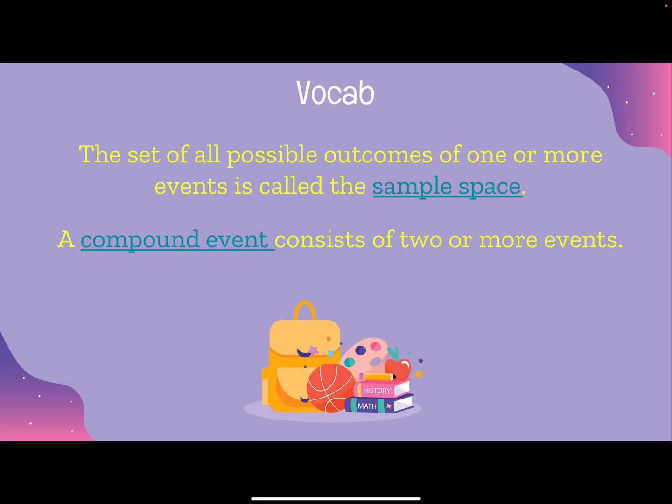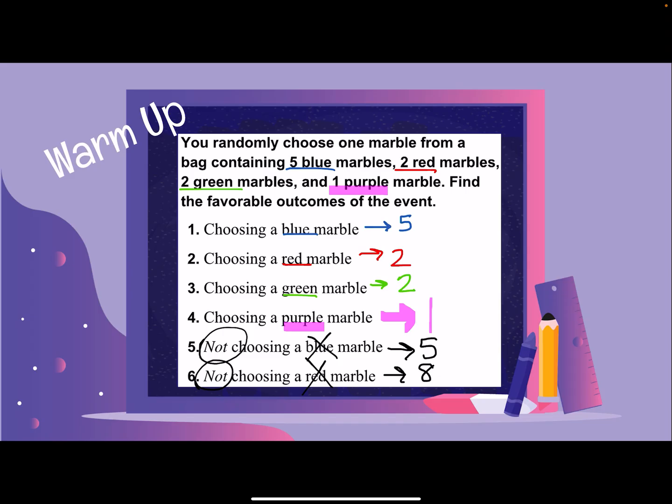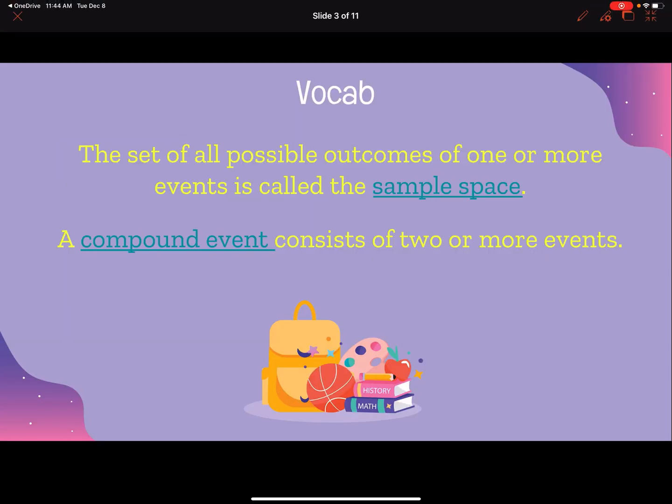Okay, we've got some vocab here that we're going to work with in this lesson. The set of all possible outcomes of one or more events, so there's a possibility we could talk about more than one event, is called sample space.